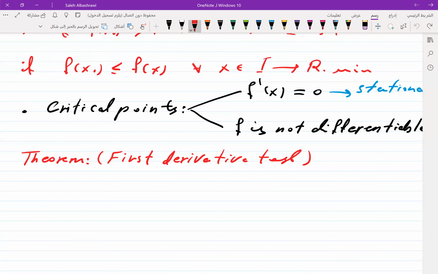The statement says: suppose that f is continuous at a critical point x0.